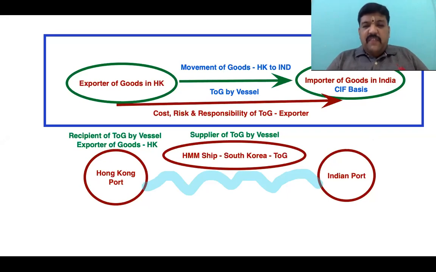Who is the beneficiary for the transportation of goods by vessel service? I am not asking about the supplier or recipient. Because these goods come into India, there is a beneficiary. Check your answer.